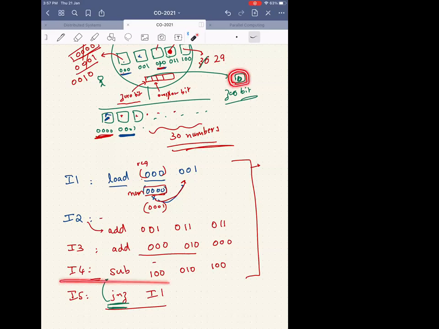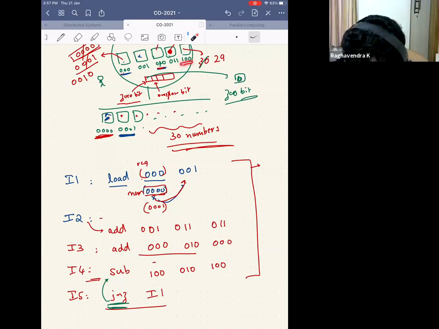So after this instruction, this small box has 29 and the 0 bit has 0. Now I am saying jump not 0, I1. Is this instruction convinced that it is not 0? Yes, because the 0 bit is 0. I am saying 0 many times, I think I am confusing you, but if you think about it, you will understand. So I will jump to I1.